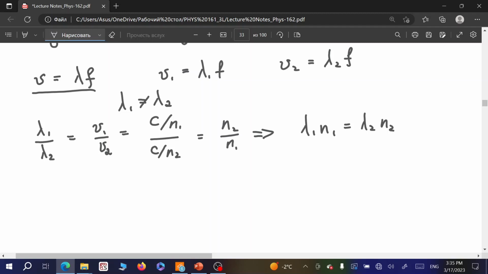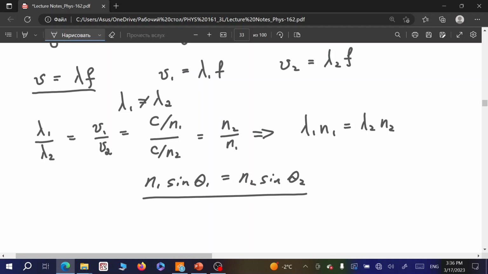So based on this concept, we can write the equation for refracted light, and that will be n1 times sine theta 1, which is the incident angle, equal to n2 sine theta 2. So this is the law of refraction.